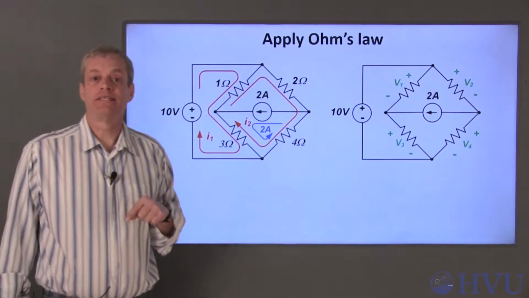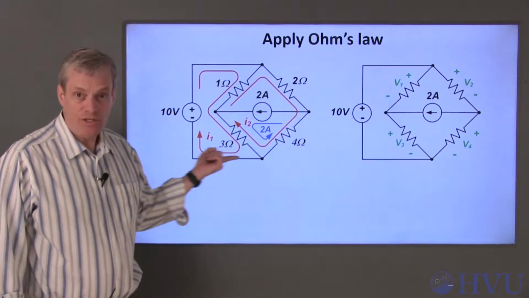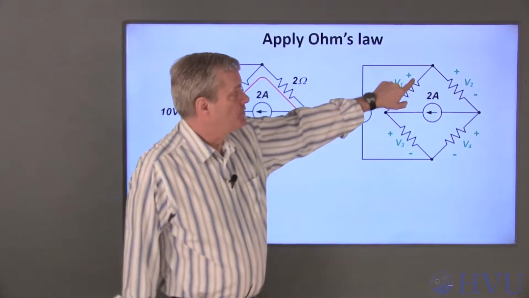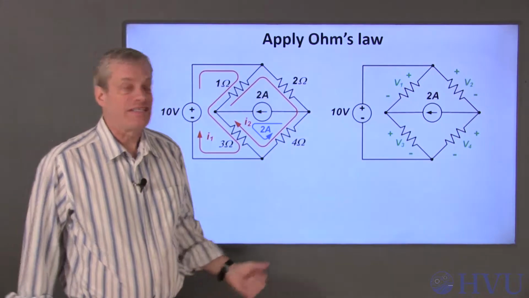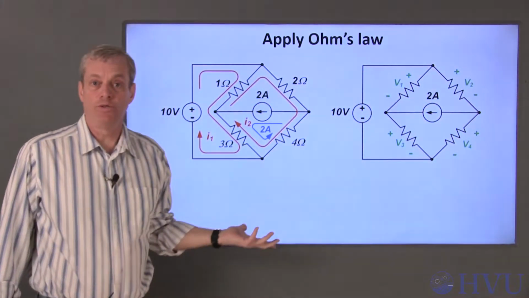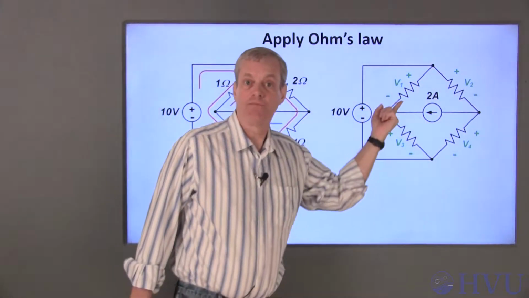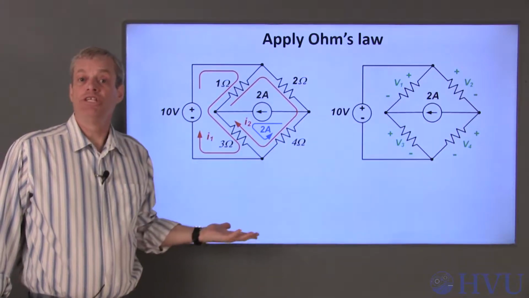Second, we have to be consistent with the passive sign convention between our assumed mesh current directions and the assumed voltage polarities. The voltage V1 has its positive terminal here, so loop currents entering that positive node will result in a positive voltage. On the other hand, if the loop current enters the negative terminal, we're opposite to the passive sign convention, and the resulting voltage is negative.